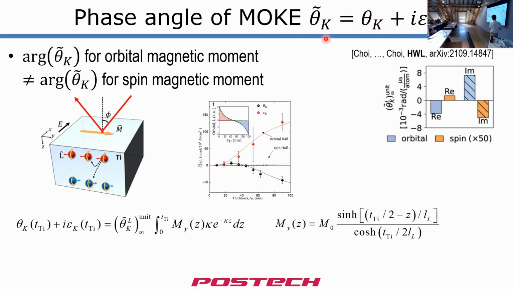And we can calculate both of these for orbital and spin. So we can calculate the phase angle of a complex Kerr angle, and from this we can extract a complex phase angle of orbital and spin. And we may compare that calculation result with the fitting result. So fitting of this experimental result determines the phase angle of this complex Kerr angle.